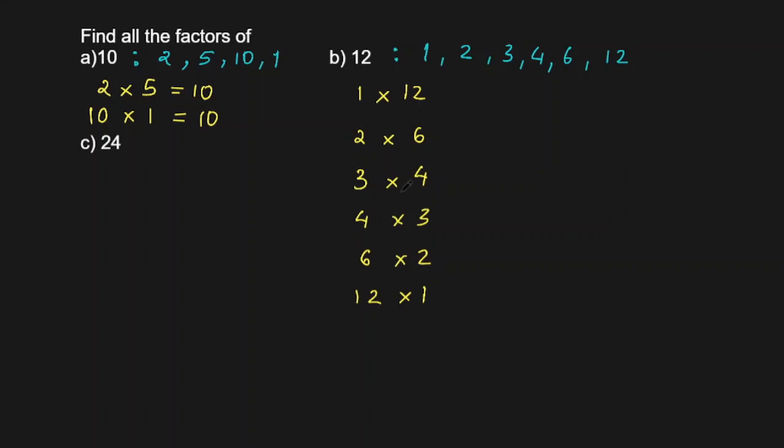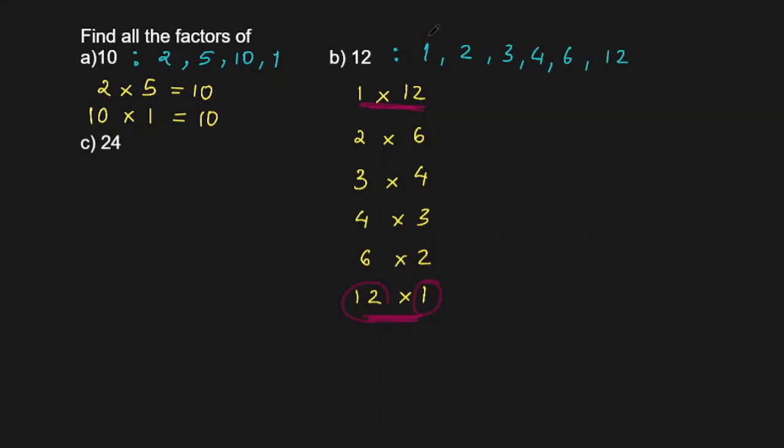If you look here, we are actually repeating a few numbers. You can see clearly 1 times 12 and 12 times 1 are exactly the same thing, because from here we are getting two factors, 1 and 12, and from here as well we are getting the same two factors, 12 and 1.